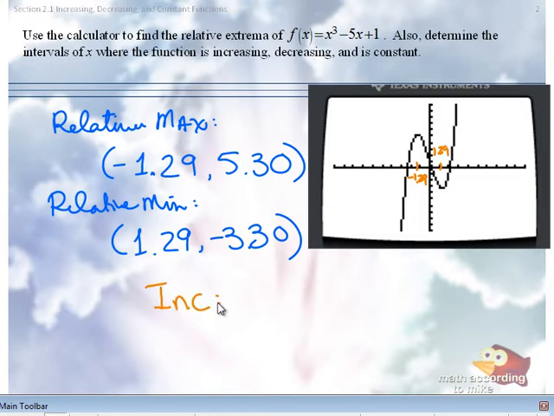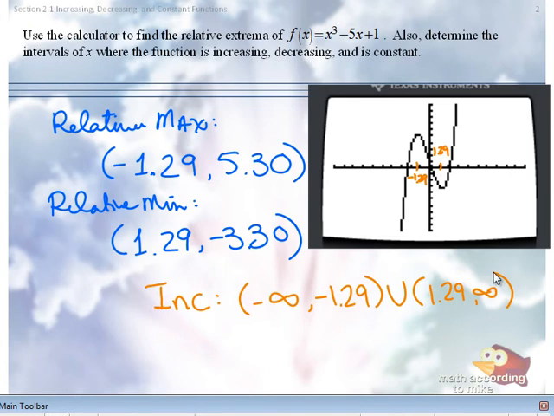Then for what values of x is the function increasing? Where else? Good. 1.29 to infinity. And where are we decreasing?